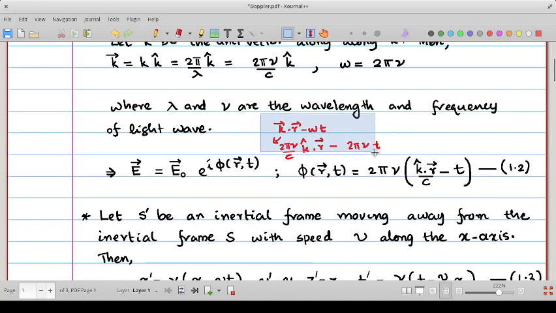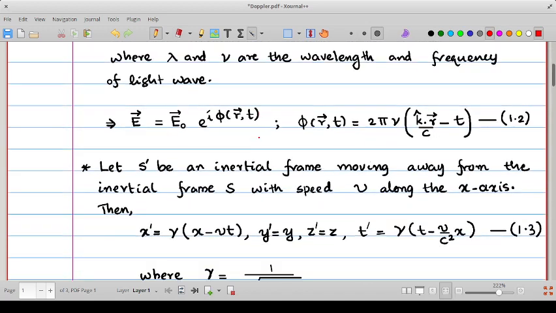Now the frame in which the position and time are measured in this expression will be called the frame S. And then we consider another inertial frame that is moving with a constant relative velocity v along the x-axis with respect to the frame S. In the frame S dash, the coordinates are x dash, y dash, z dash and t dash.